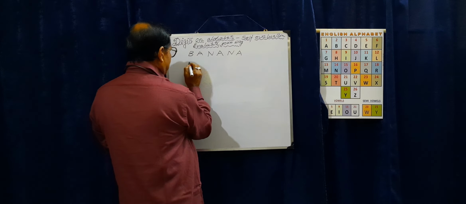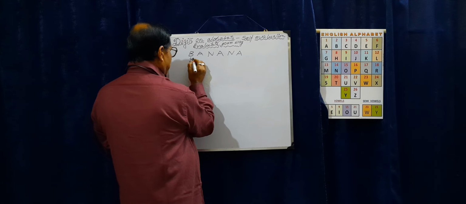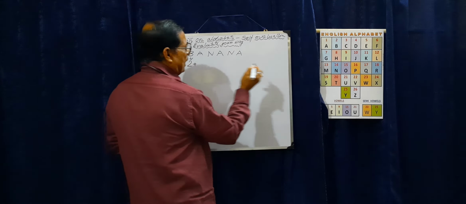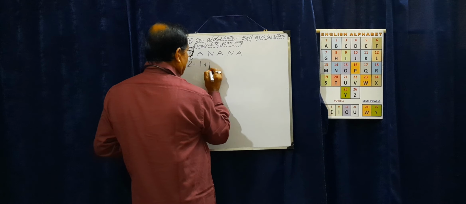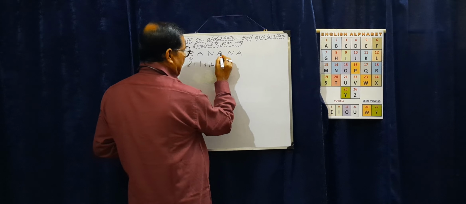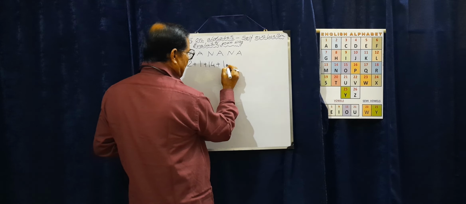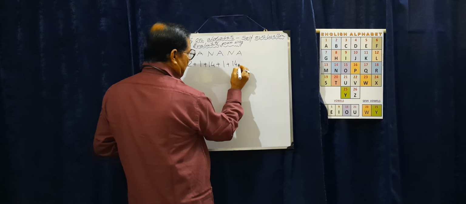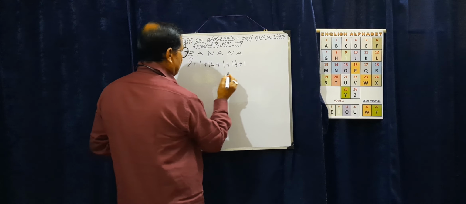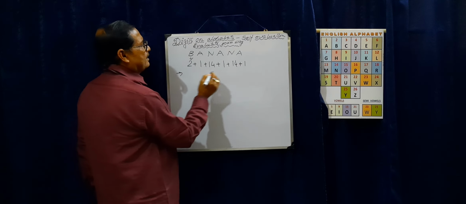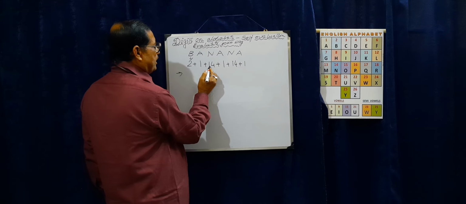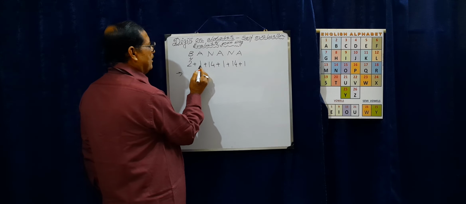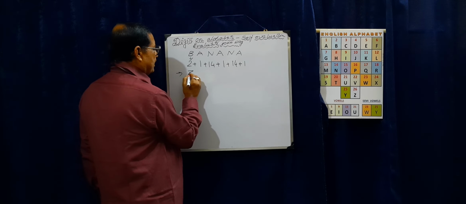Then I shall put 2 just underneath the B, plus A is 1, plus N, N is 14, plus A is 1, again N is 14, plus A is 1. So what will be the sum? The sum will be 14 plus 1, 15, 16, 30, 31, and this is 33.